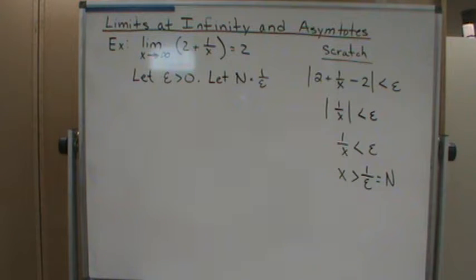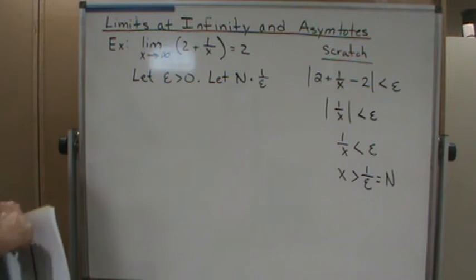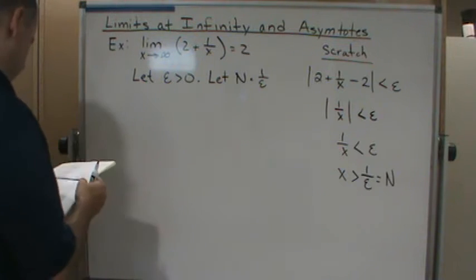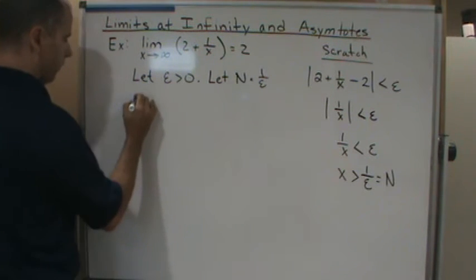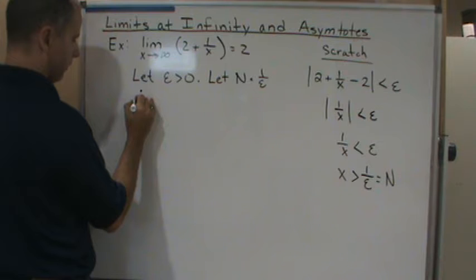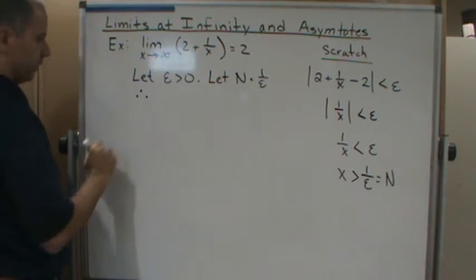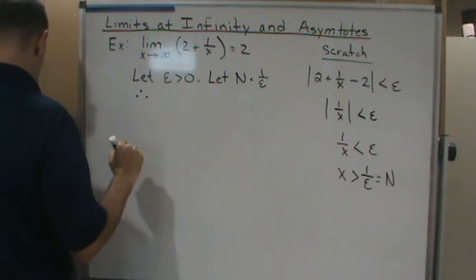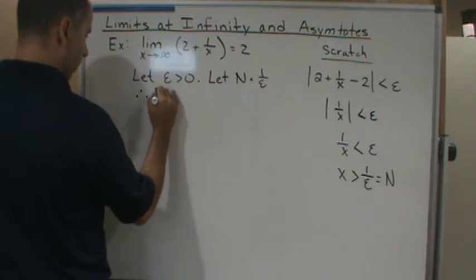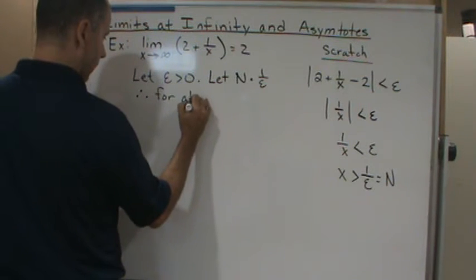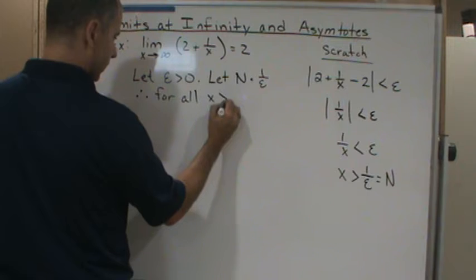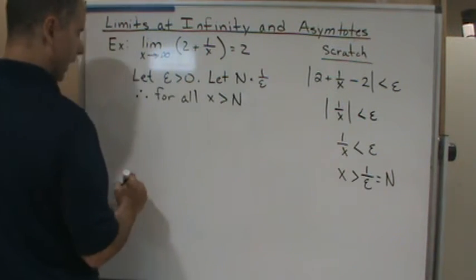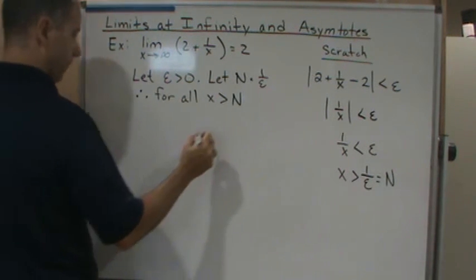So now we're going to use the definition, right? And it says, so therefore, so here's the symbol for therefore, triangle and dots. So therefore, for all x greater than n, what do we have?